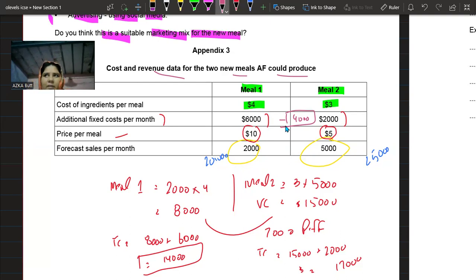But again, it would not be suitable, because if you were selling the meal which maybe previously was so popular, and right now you are going to reduce the prices or set a very low price, it can give an image to your consumer that this meal is not quality wise up to the mark.